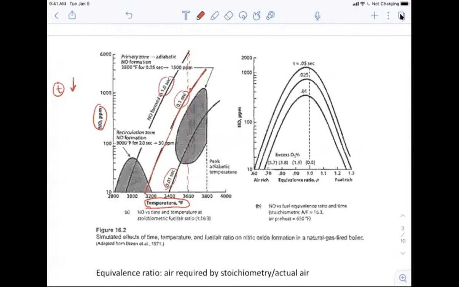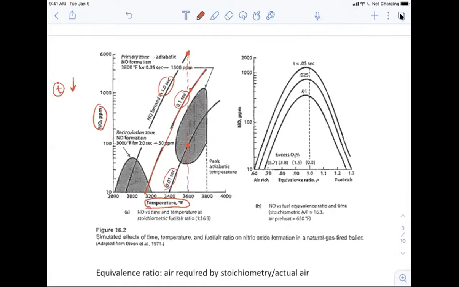You could have 0.01 second, 0.1 second or 1 second. Okay, so you can see that at the same 3600 Fahrenheit, right, the NOx concentration increased from 100 ppm to 6000 ppm. Okay, so just increase the time by 10 times, right? You can get a NOx concentration difference by 60 times, right?